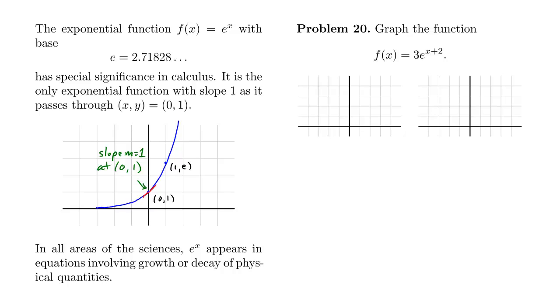Now that we've seen the graph for e to the x, let's graph some transformations of it. In problem 20, we are asked to graph 3 times e to the x plus 2. We can see that the graph for this function comes from the graph for e to the x, from translating it to the left by 2 units and then scaling up by a factor of 3.